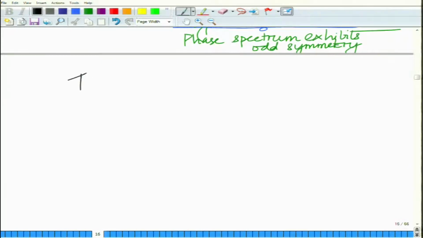Let us now move to a different representation, although related. This is known as the trigonometric Fourier series.